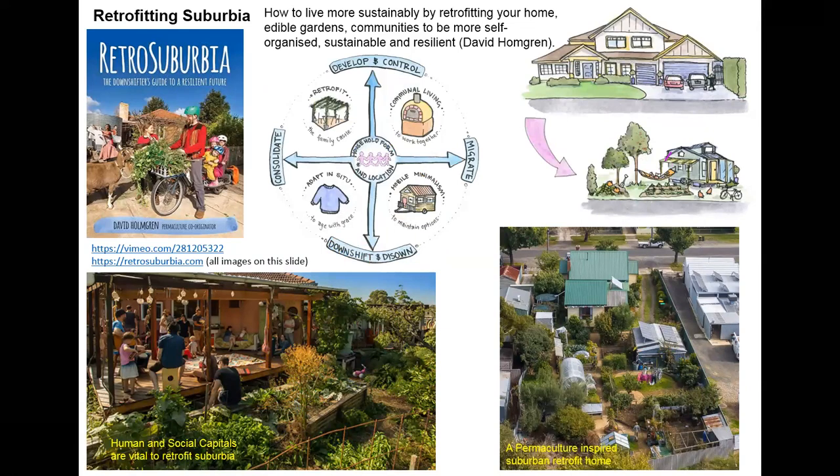There's a fantastic video clip there that explains how this one street started working together and created virtually an eco-village using what they had. So people start retrofitting their own backyards. And look at what, in the bottom right-hand corner, this homestead has been able to do compared to their neighbors who are still surrounded by tarmac and creating a heat island. The important thing in this approach is that human and social capital are vital.